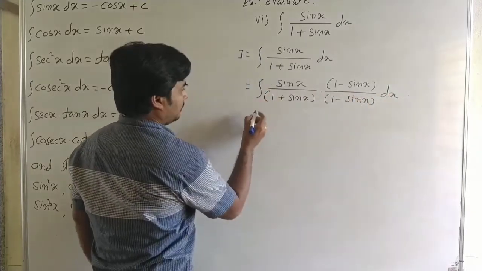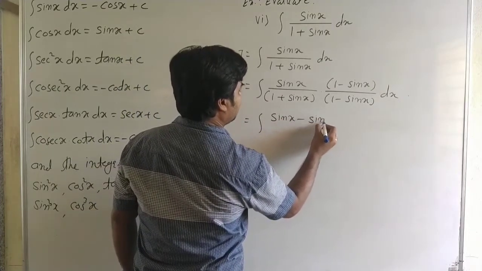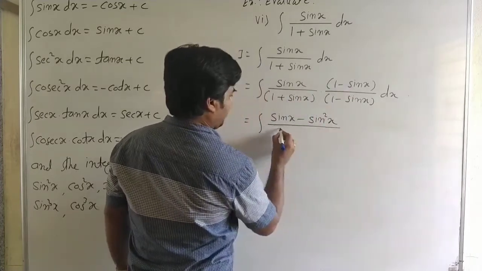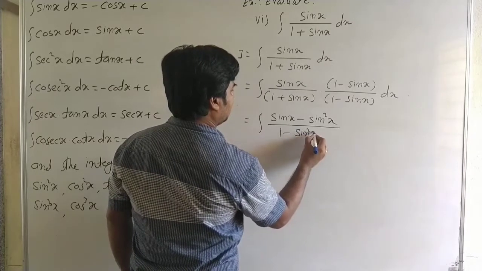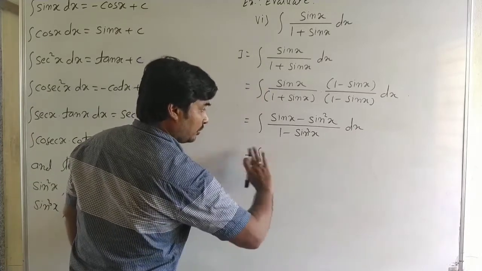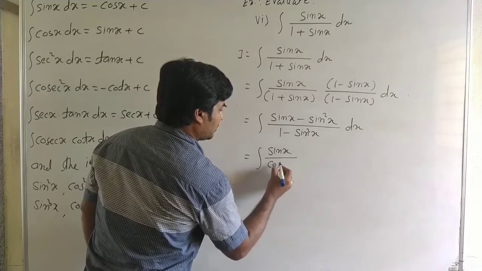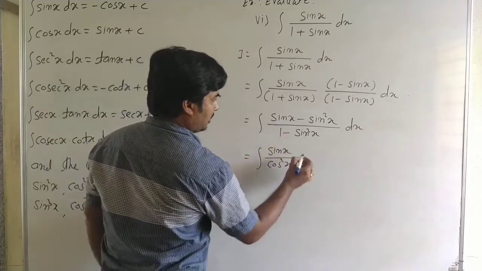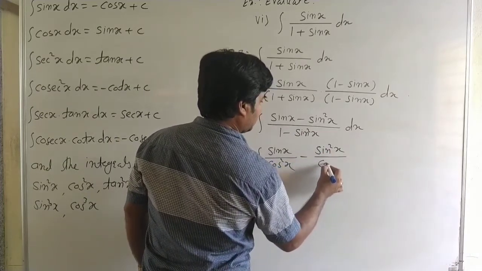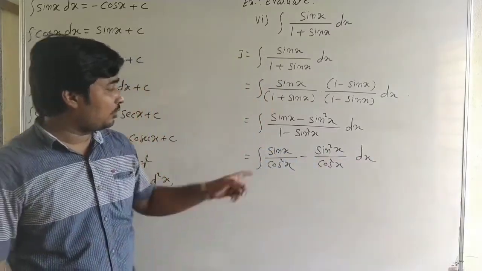Okay, now integral of sin x minus sin square x, it is a multiplication, upon 1 minus sin square x dx, and 1 minus sin square x is cos square x. We can directly write sin x upon cos square x minus sin square x upon cos square x dx. Okay, see carefully here, sin x upon cos square x.